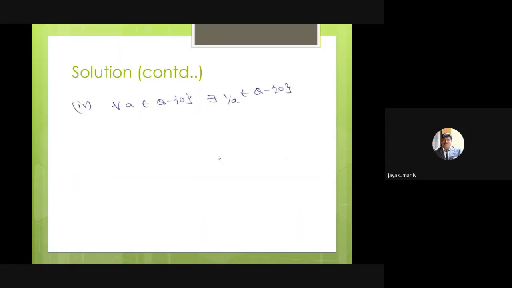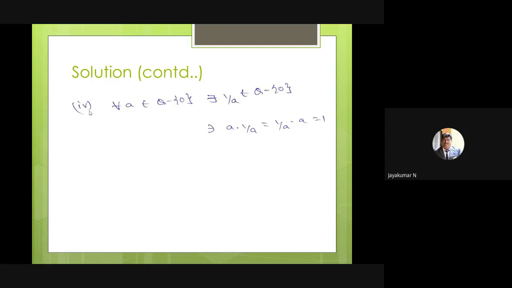Similarly, the inverse axiom I directly wrote. For every element A in Q minus 0, there is an element 1 by A in Q minus 0, such that A into 1 by A equals 1 by A into A, which equals 1. In other words, take A dot A inverse equal to E, where E is 1. So A inverse equals 1 by A. Since A belongs to Q minus 0, definitely 1 by A is also in Q minus 0.